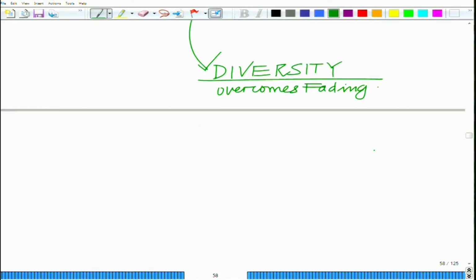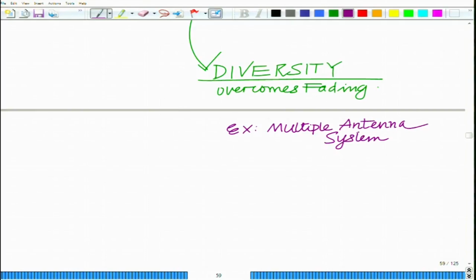An example of diversity is multiple antennas. What happens in a multiple antenna system? We have already seen this schematically.